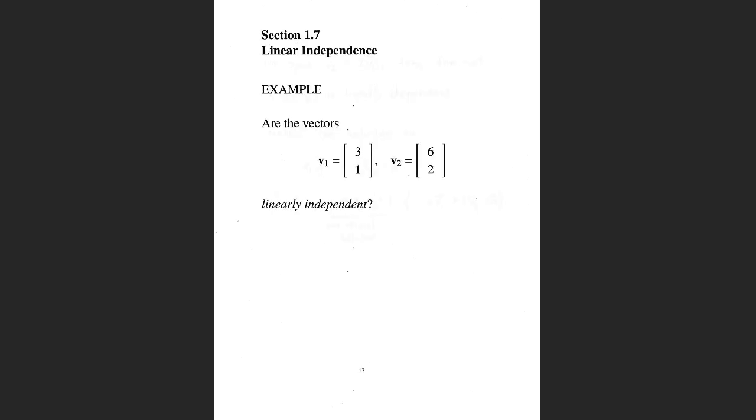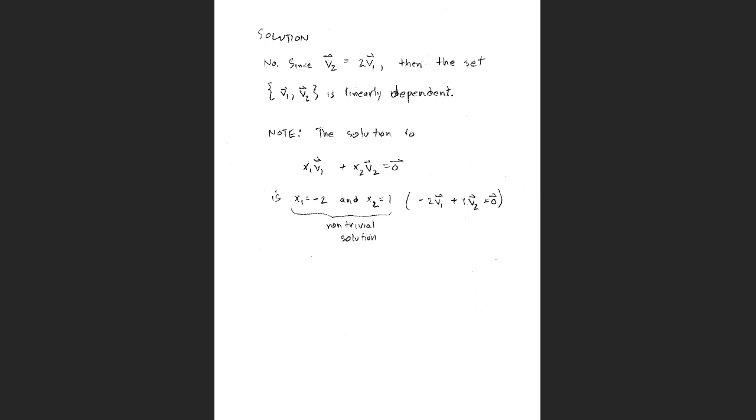Clearly the second vector is equal to twice the first vector. If you multiply v1 by 2, you're going to get the v2 vector. Because of that, the set of vectors is linearly dependent.